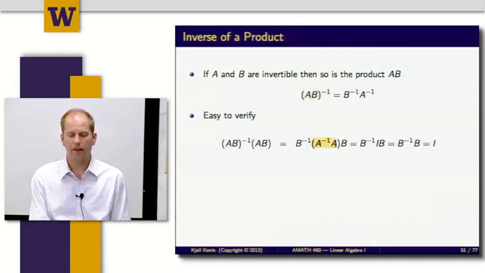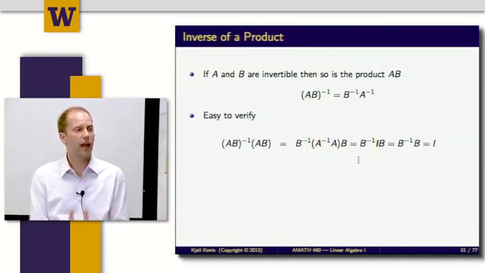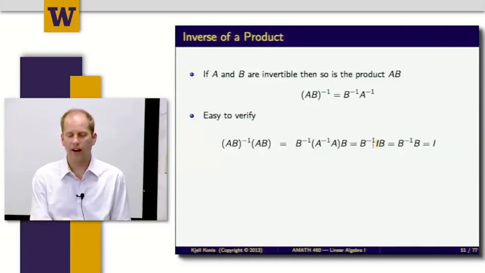Then I'll put some parentheses around what I get on the inside. A inverse A is just equal to the identity matrix, so it's going to collapse in upon itself. So I times B, the identity matrix times anything just gives me the anything back, so I times B gives me B back. I end up with B inverse B, which is, by the definition of an inverse, the identity matrix.